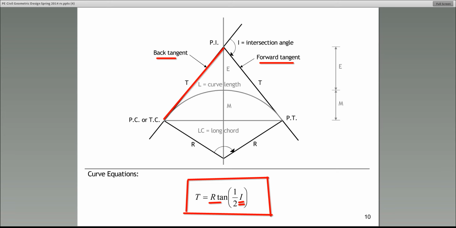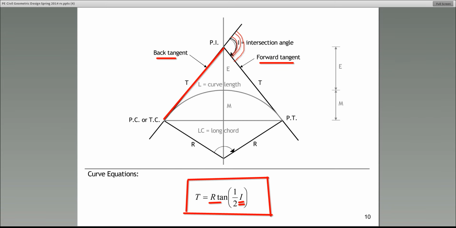That angle is called the intersection angle. You see that here? That's very important because in most of the calculations, we need to know that angle. So it's the intersection angle, and please pay attention.